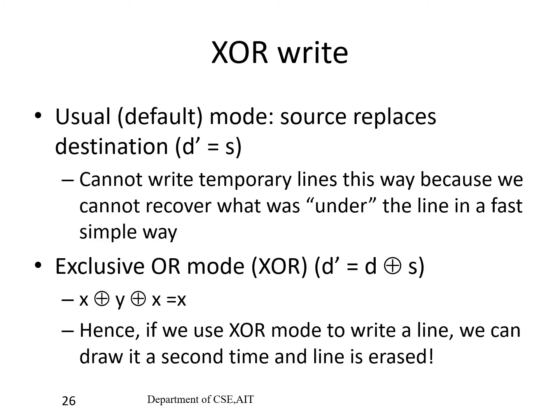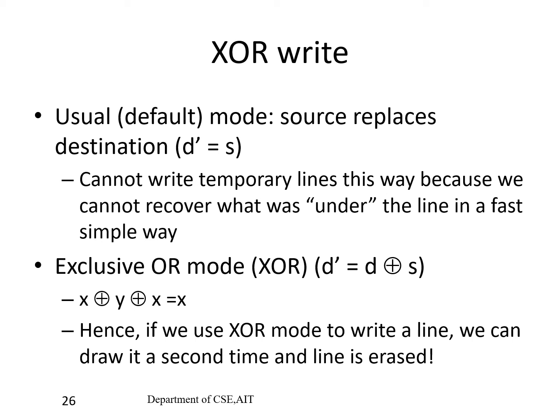Just now what we have seen is called the replacement mode, and the other mode is called the exclusive or, the XOR mode, in which the corresponding bits in each pixel are combined by making use of the exclusive or logical operation.